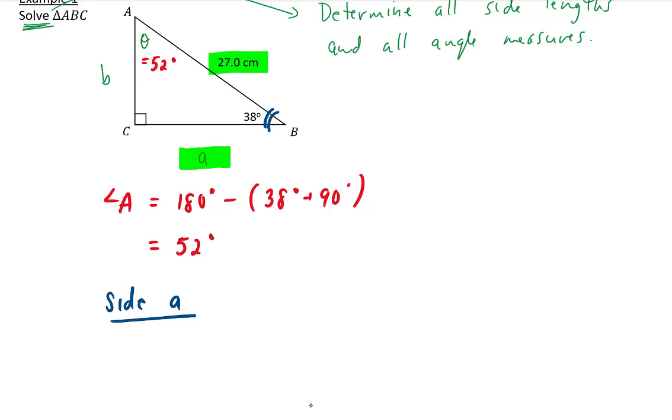So recall, if we're focused on angle B, or 38 degrees, that 27 is the hypotenuse, and A is adjacent to angle B. So the ratio that deals with the adjacent and the hypotenuse that we're going to need is cosine. So recall that cosine of angle B is equal to the adjacent side over the hypotenuse.